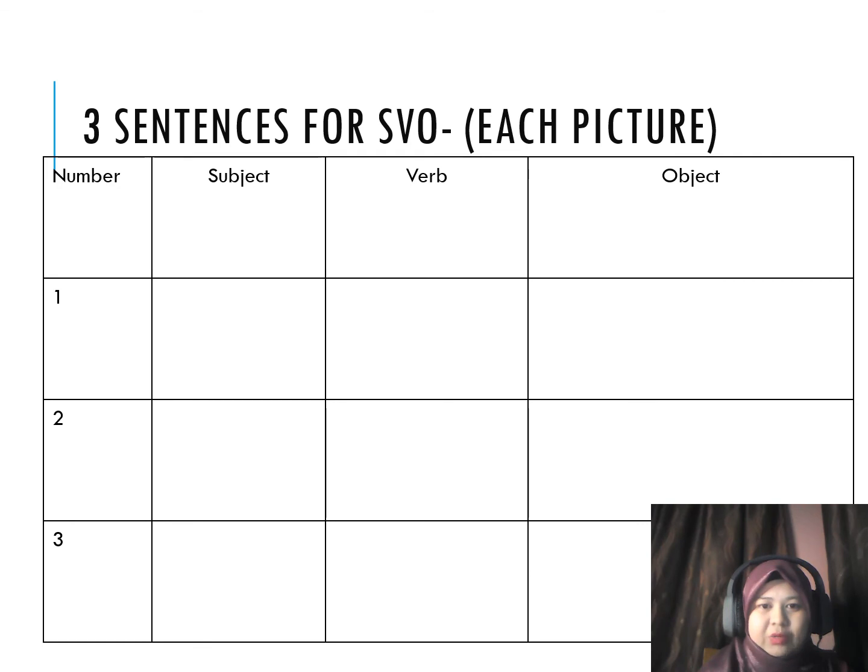Macam tadi kena buat subject, verb, object. Tadi gambar tu kamu ulang semula. Tengok gambar tu betul-betul. Buat 3 ayat mudah menggunakan SVO. Satu gambar, 3 ayat. Kamu ada 3 gambar, so kamu kena hantar. You have to submit to me 3 tables. Write it in your exercise book.